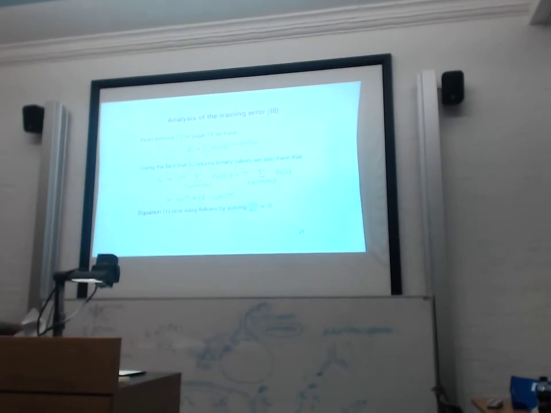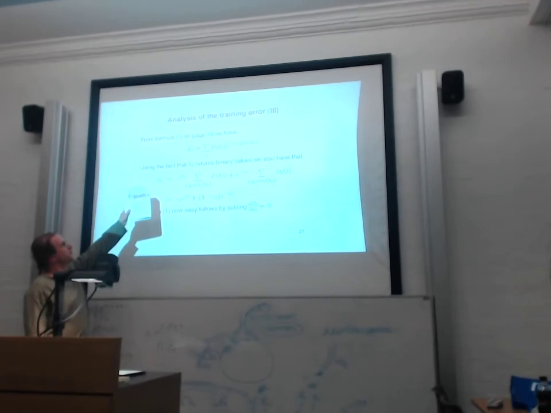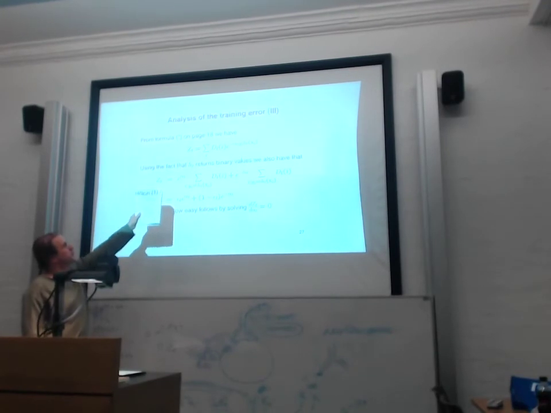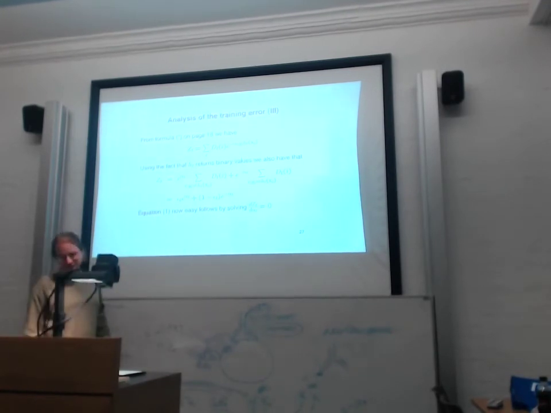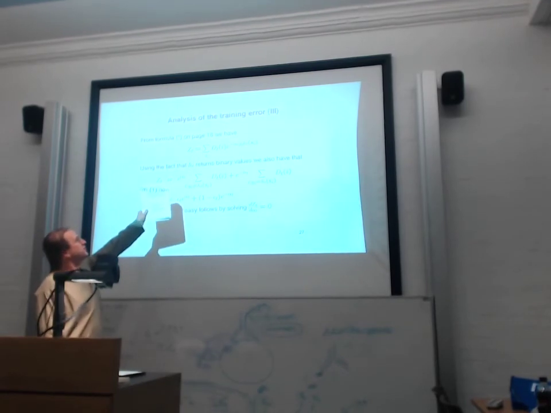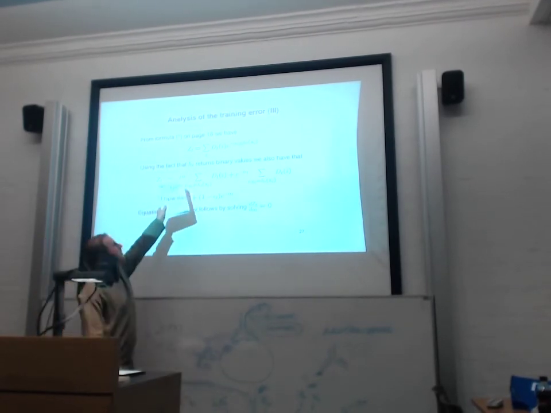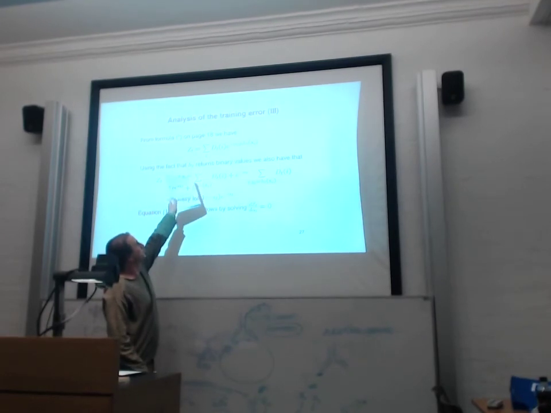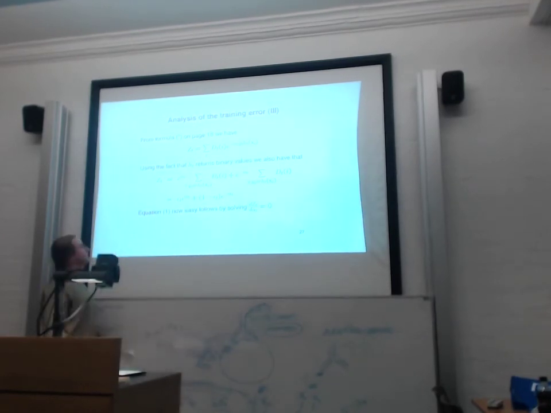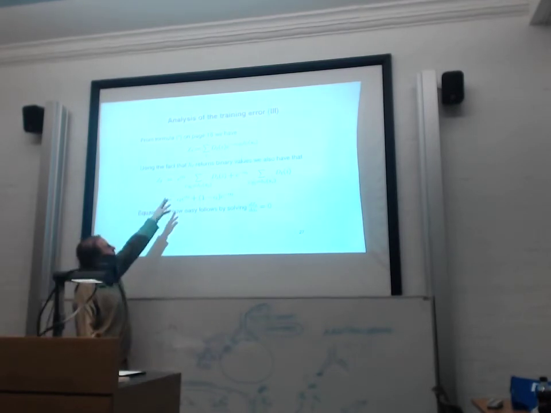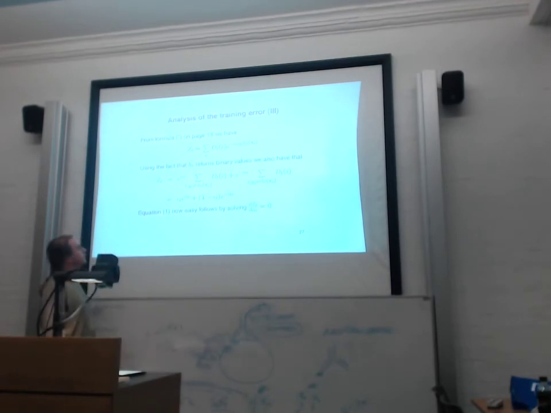As we did before, this is our definition of normalization. Remember, we do the update: each of our weights D_{t+1}(i) becomes that, and then we sum those weights and we divide out by Z_t. That's one way of looking at the value of Z_t. Now we're going to use the fact that h_t returns binary values.